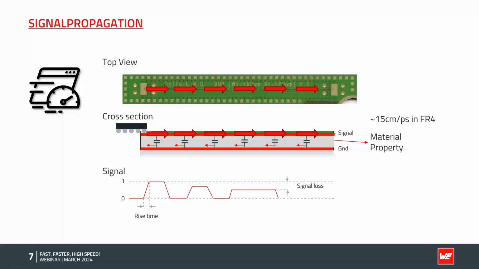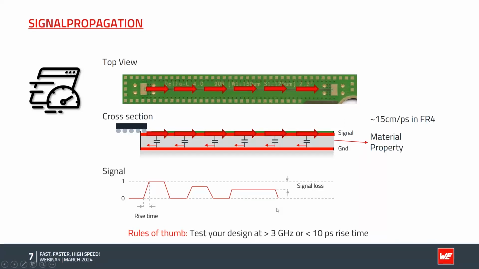So I have to take these parameters into consideration, and that's defined by components and also by the setup. If I have, for example, connectors in this path, I have vias in this path.